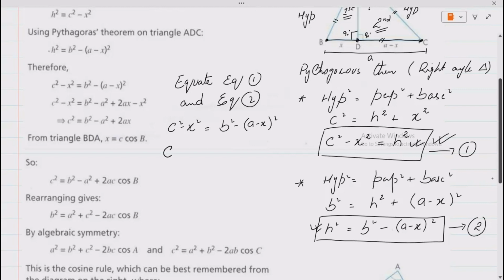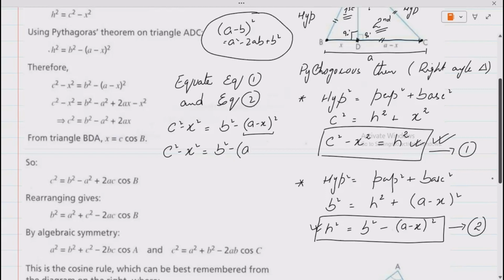Now next what we can do, c square minus x square equals b square as it is, minus, we can use the formula of (a minus b) whole square here, which equals a square minus 2ab plus b square. So we can use this formula here. So what we got, a square minus 2ax plus x square.